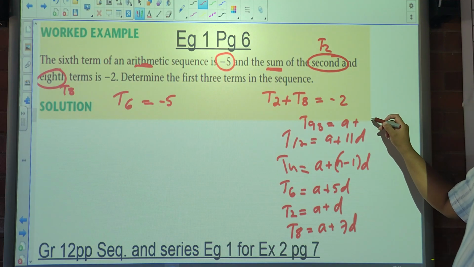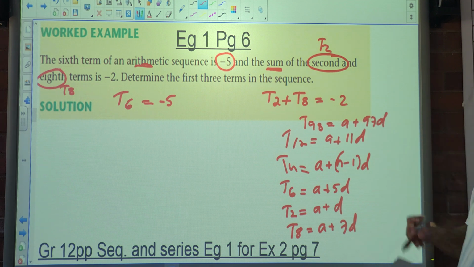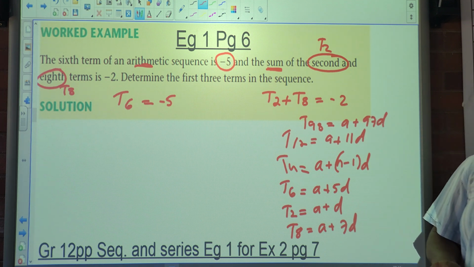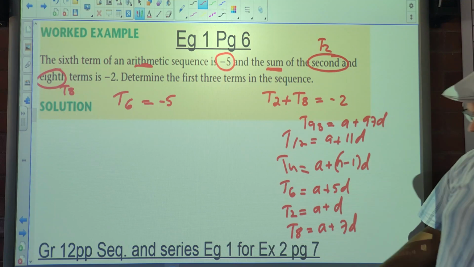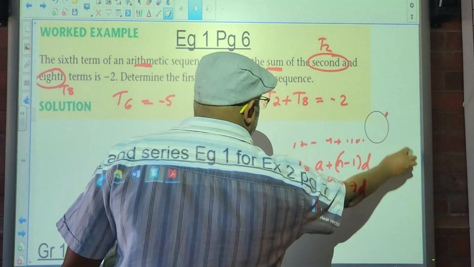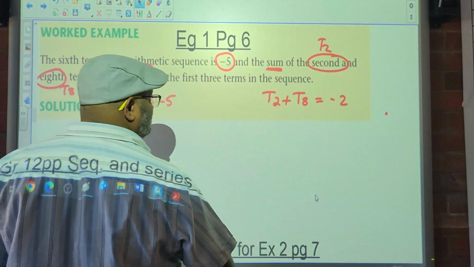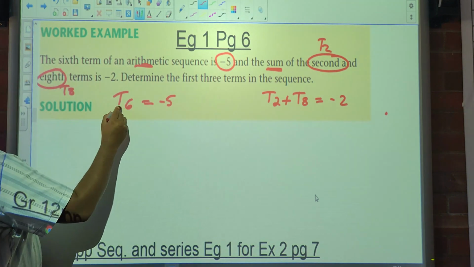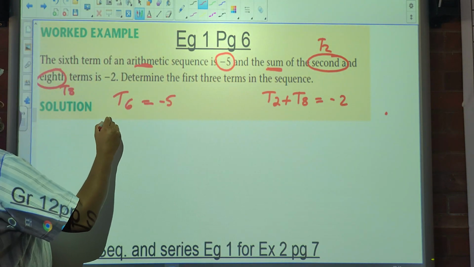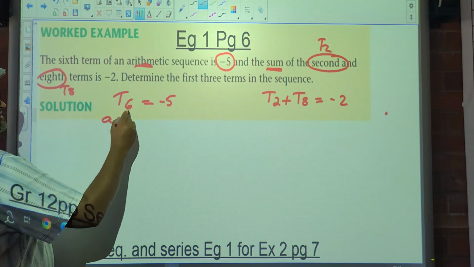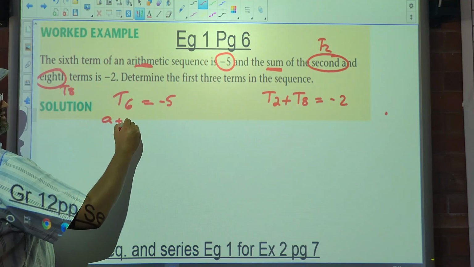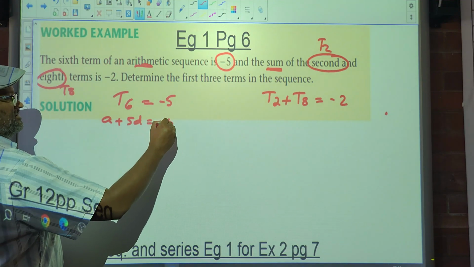A plus 97d. And so on and so on. You guys understand? You got it? Alright. So, with that in mind, T6 is going to be a plus 5d is equal to -5.